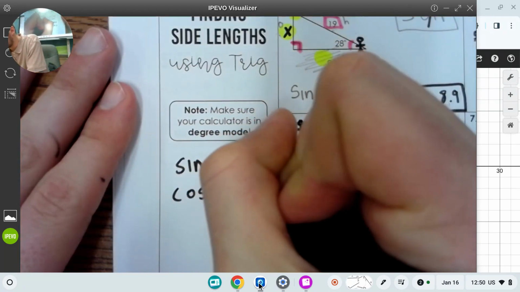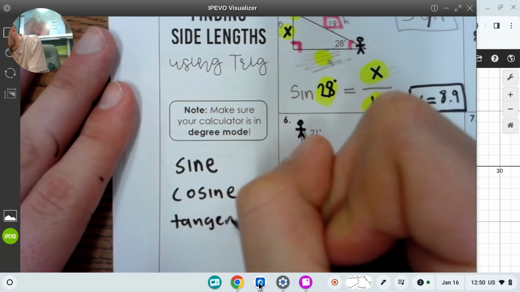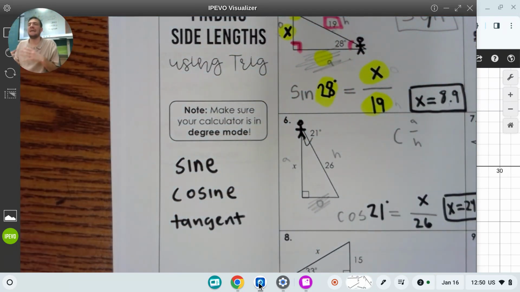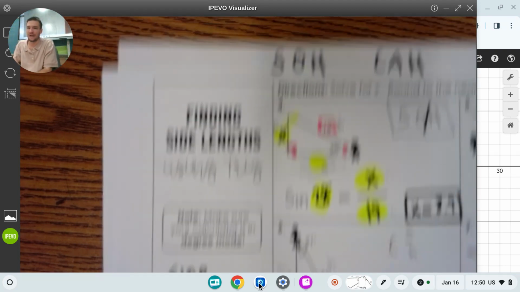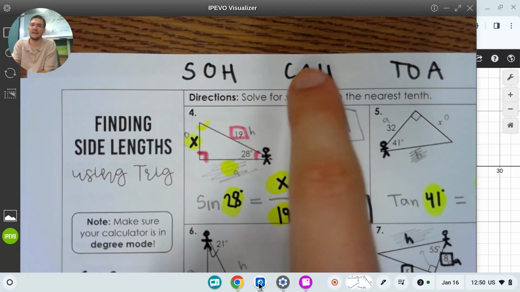There's cosine, and there's tangent, okay? And it would be a lot to try to memorize sine opposite hypotenuse, cosine adjacent hypotenuse, tangent opposite adjacent. So we shorten it all down to just one letter each, right? Sine opposite hypotenuse, cosine adjacent hypotenuse.